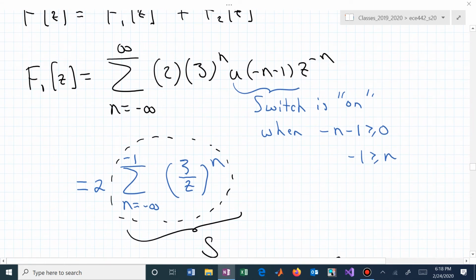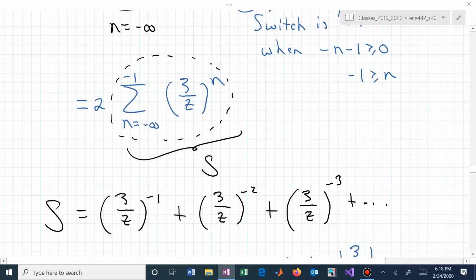So now we can sum this. We can say this is 2 times this sum from n equal minus infinity to minus 1. I factored the 2 out since that doesn't change for all terms. The 3 is scaled by n, and the z to the minus 1 is scaled by n. And here I've written z to the minus 1 as 1 over z. I now have 3 over z to the n.